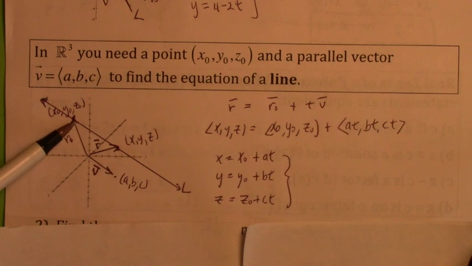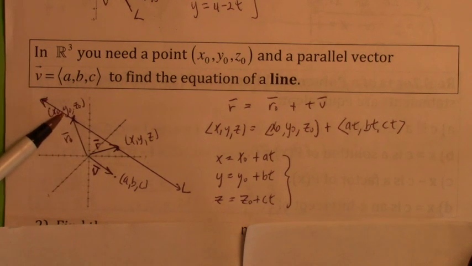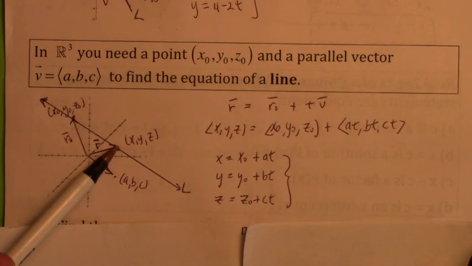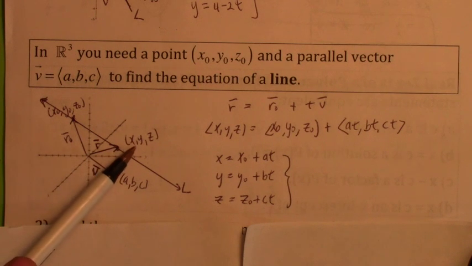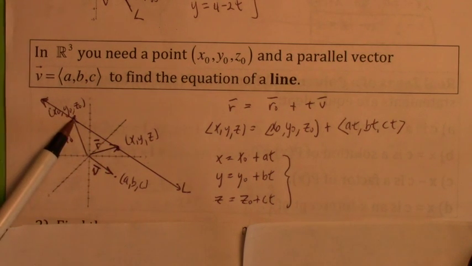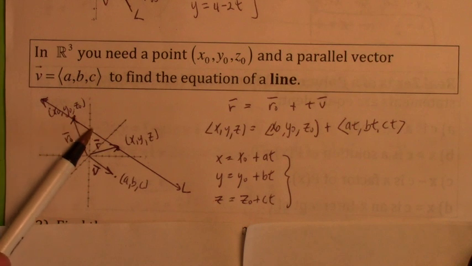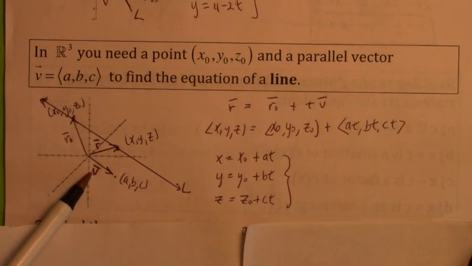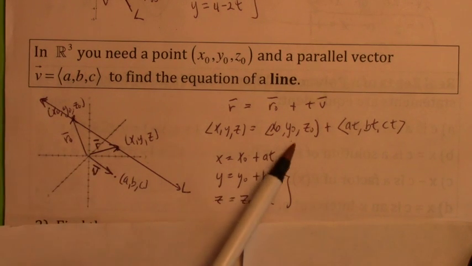r0 is the position vector for this point (x0, y0, z0). If (x, y, z) is any other point on the line, and say r is the position vector for that point, you can think of r as being the sum of this position vector plus this vector here. This vector here would be some multiple of the direction vector, or the parallel vector v, right? So that's what this says.